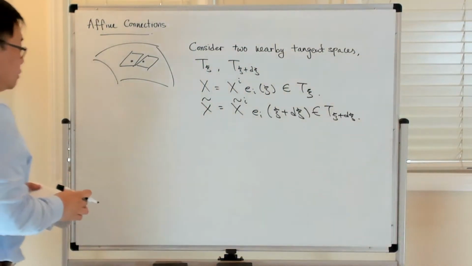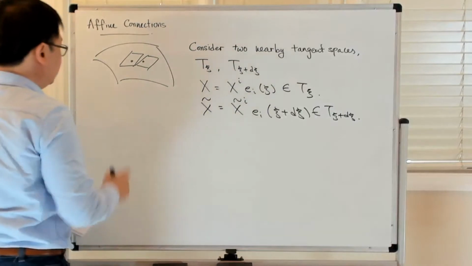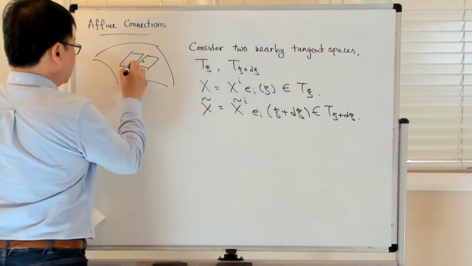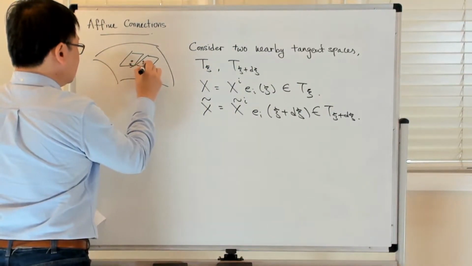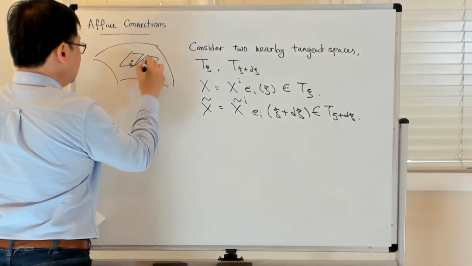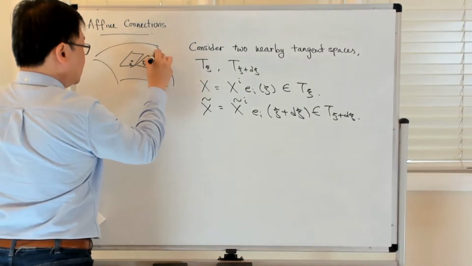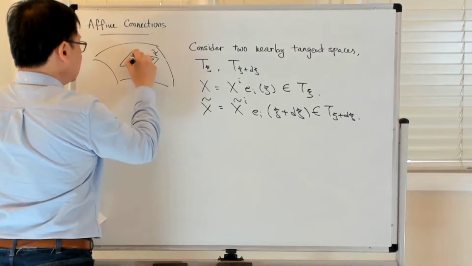So these are two tangent vectors. This is x, this is x plus dx, this is x tilde, and this is x.